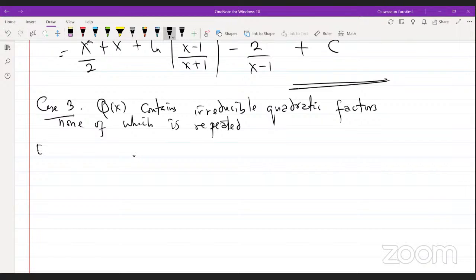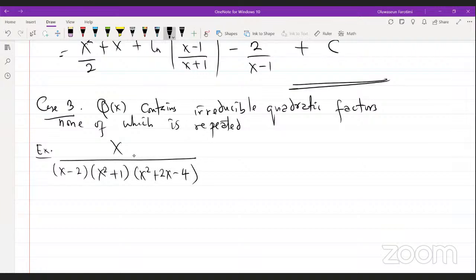Let me give you a simple example first, and then we'll do an integral problem. You have x divided by (x minus 2)(x squared plus 1). Now, you equate it to A. What kind of factor is this? Linear, so it's just going to be A. This one is quadratic and irreducible, which means you cannot split it up into two.